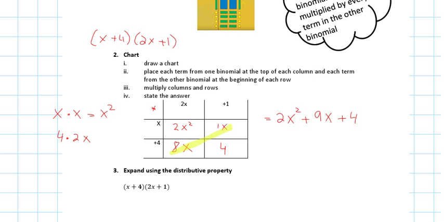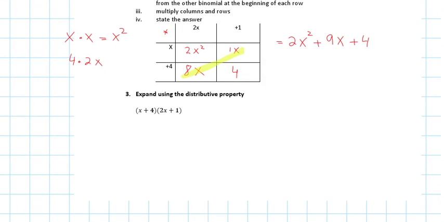Do you guys remember the distributive property that I talked about before? Do you remember the taco example? Remember I told you if you have 2 tacos in each combo and 1 pop, and you're a family of 3, then how many tacos and how many pops are you going to get?